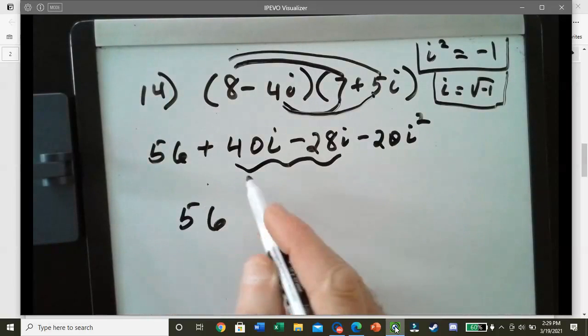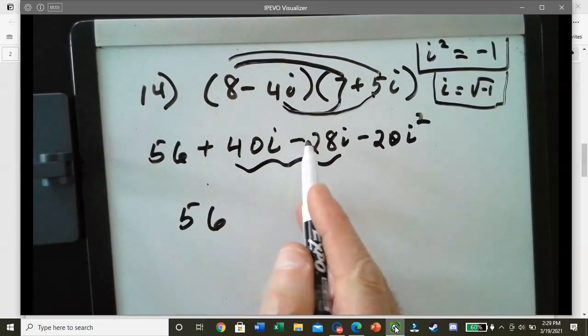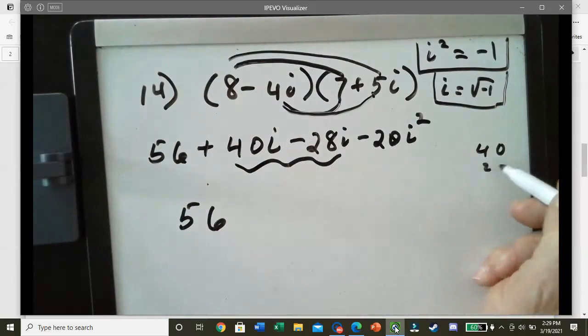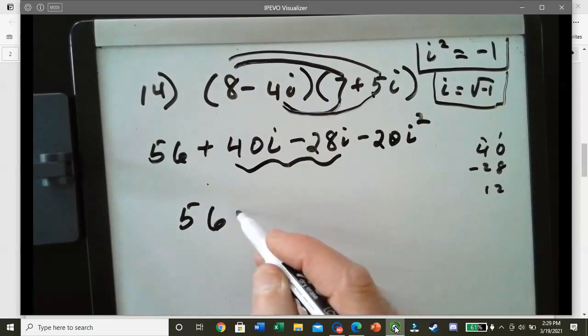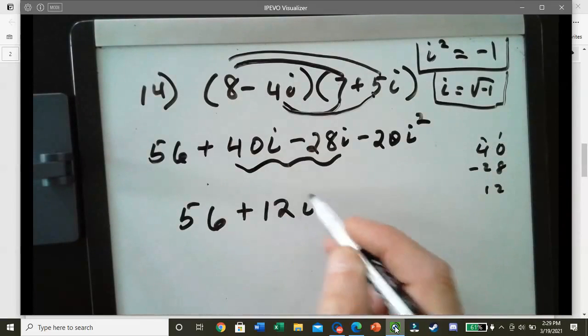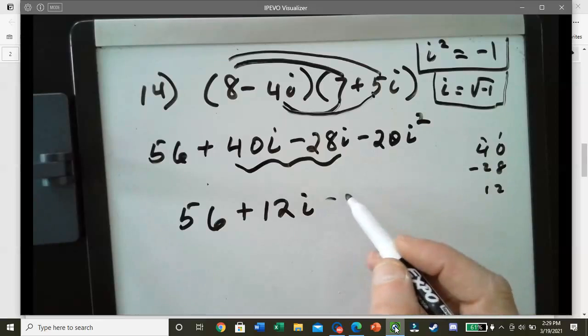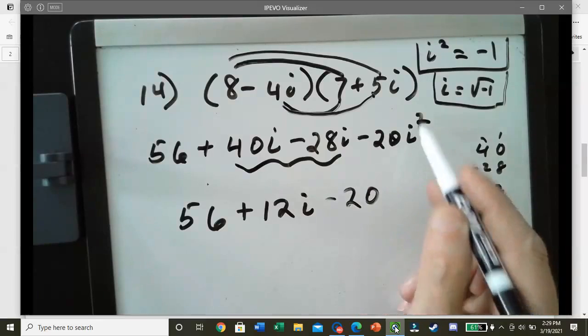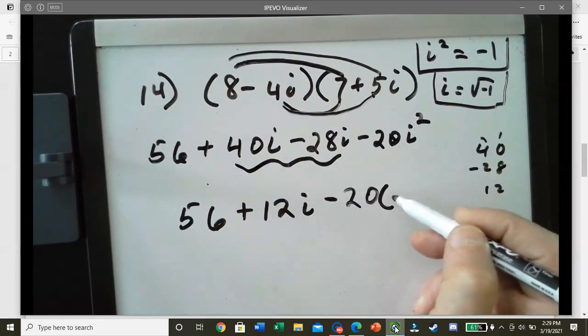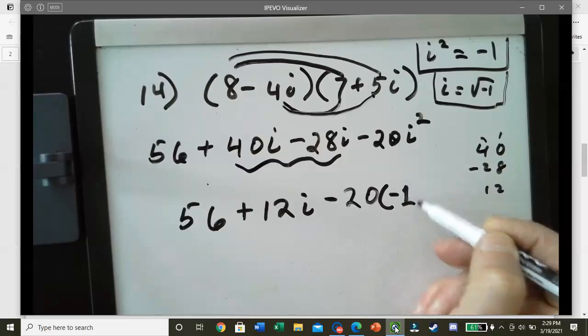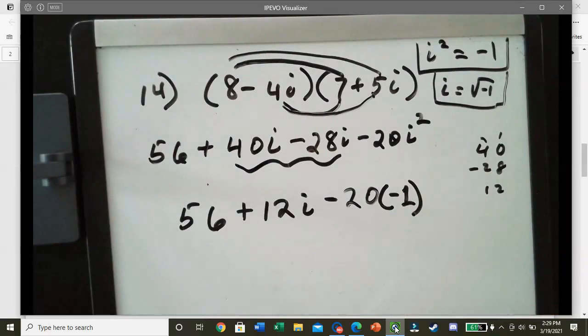Okay, so 56, 40 minus 28 is 12, plus 12i. And then we got a minus 20 i squared. But i squared, we said that's a negative 1. So we got to change that i squared to a negative 1. So that becomes negative 20 times negative 1.